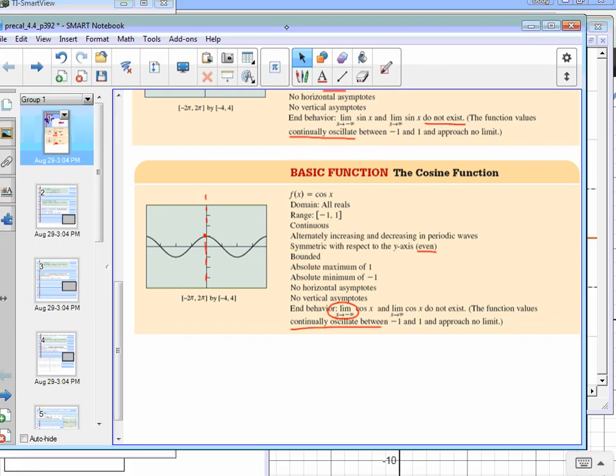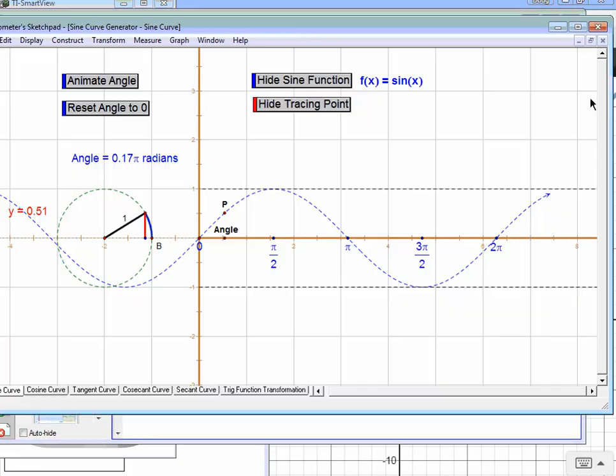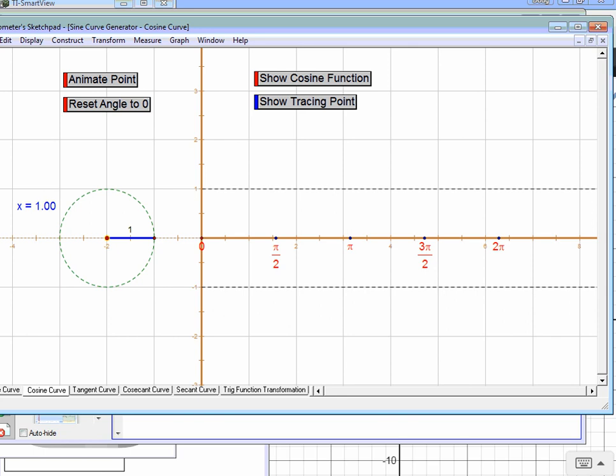If I went back, because it's so cool to watch this thing over here, let's look at the cosine curve. Remember, the cosine is the value of the x. And there we go, I come around with different angles, my x went to 0. And then it's growing in the negative direction to -1.